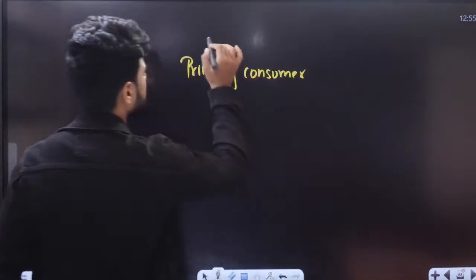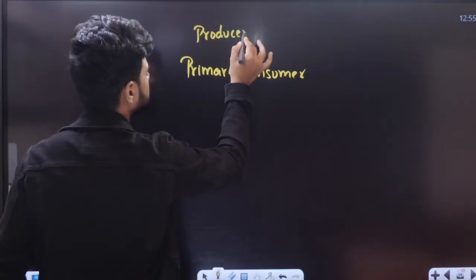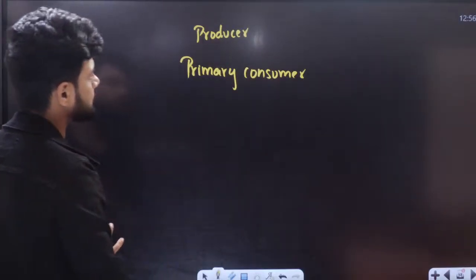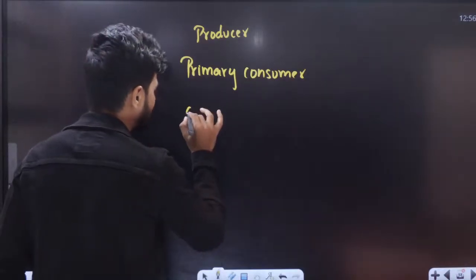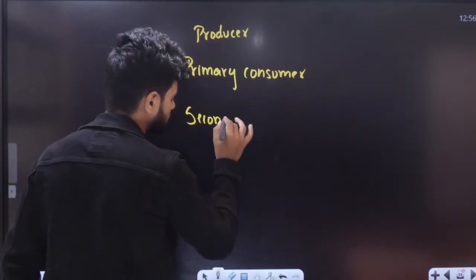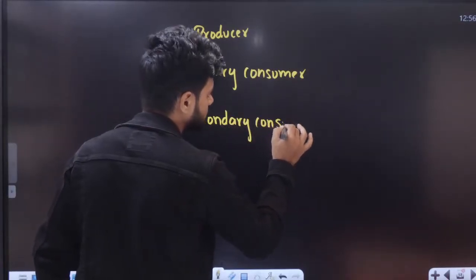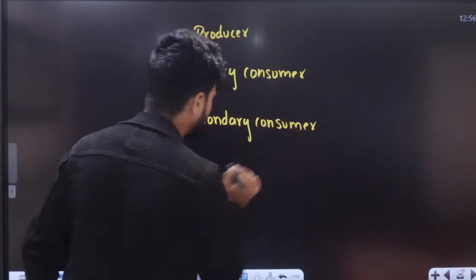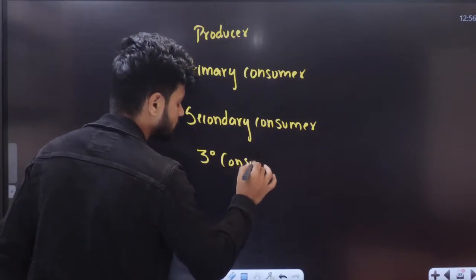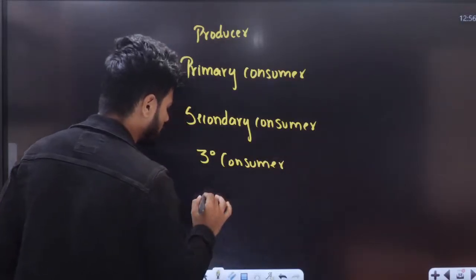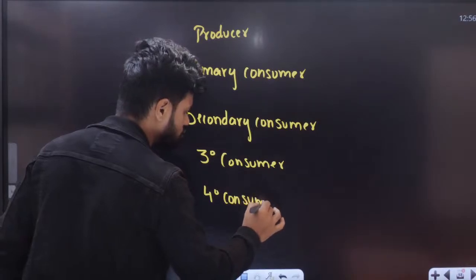Then we have the producer here. Then we have something called a secondary consumer, then a tertiary consumer, and so on, and quaternary consumer and so on, friends. Depending on the food chain, it can change.